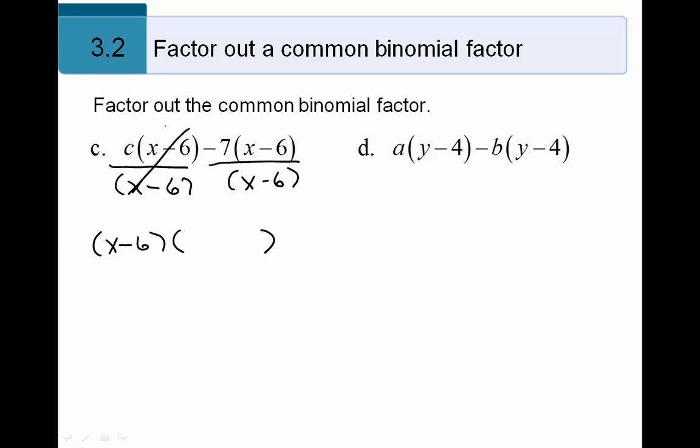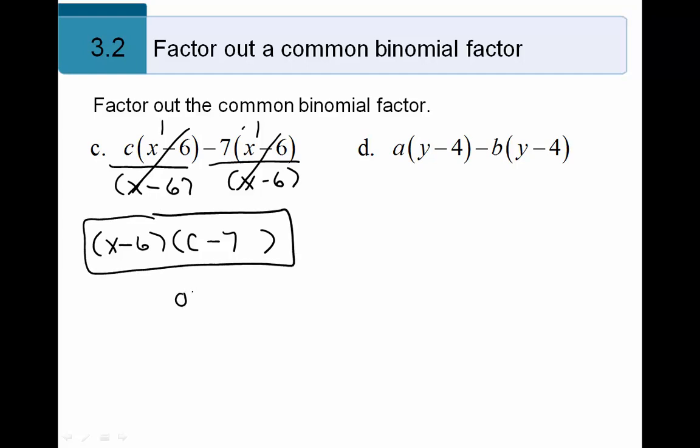C, this is equal to 1. C times 1 is c, minus 1 times 7 is 7. I should write it the other way also so you can see it: you could have c minus 7 times x minus 6.